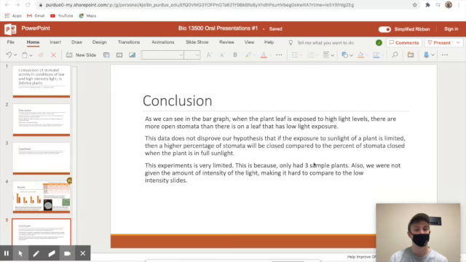For the limitations of the experiment, I believe that this experiment is very limited, but that is also mainly because we are an online group. So it was kind of hard to draw conclusions if we didn't have the physical data. There were only 3 plants for us to choose from in our data set, because we want to stay consistent with our data. And also we were not given the intensity of light, or the lux, which is the unit for light.